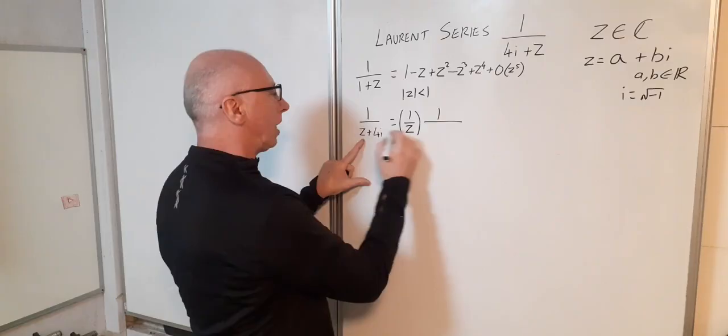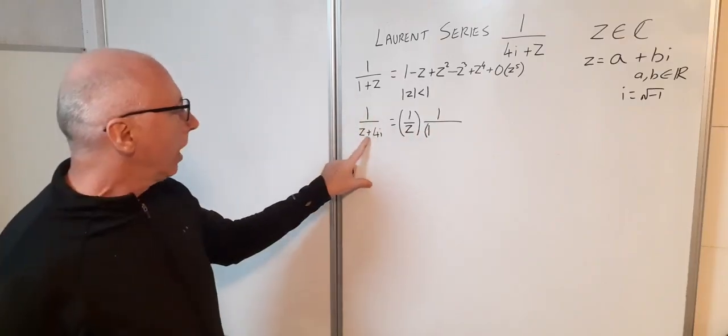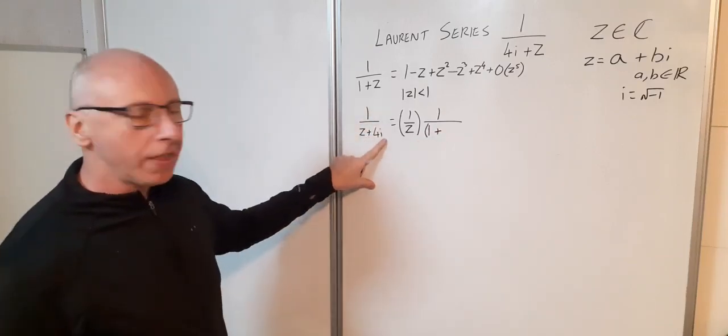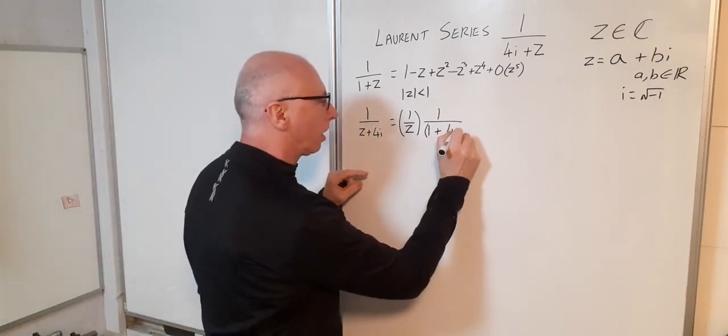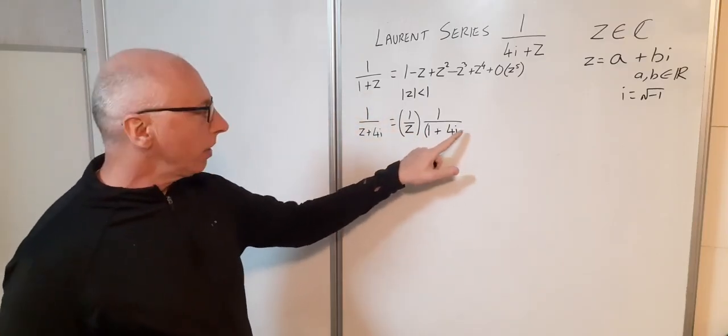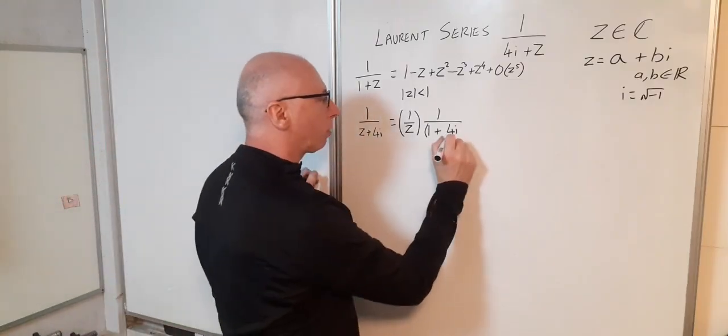So I've got 1 over z factored out, so that becomes a 1. Let's put this in brackets. And then I've got a plus, so keep the plus, and I've got a 4i there, so I can put a 4i. But now if I multiply that by z, I'll have 4iz. So then to put that right, I'll just divide this bit by z, and that'll bring me back to where I was.